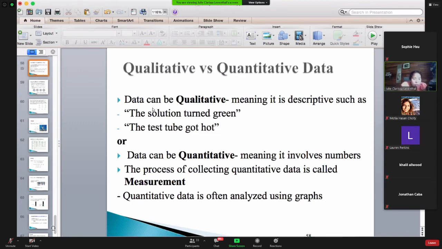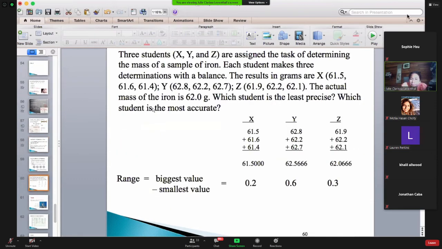Let's go look at sample data. Are you seeing the tables? Yes. Okay, so 3 students, X, Y, and Z, are assigned the task of determining the mass of a sample of iron.